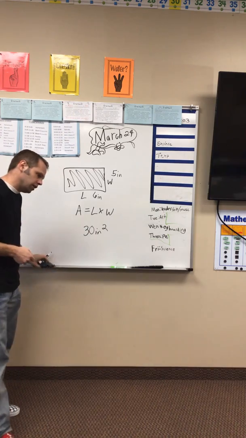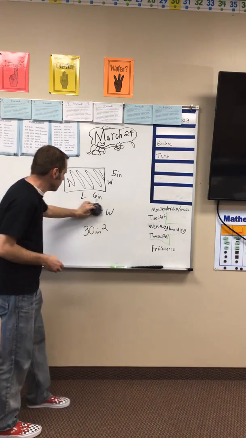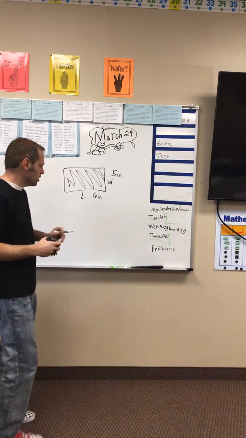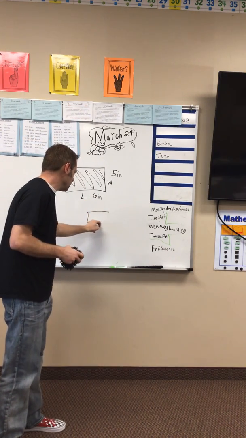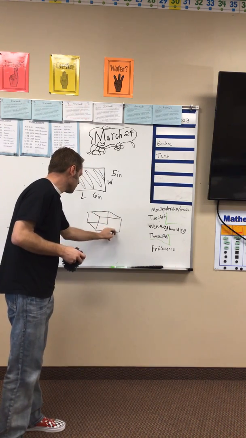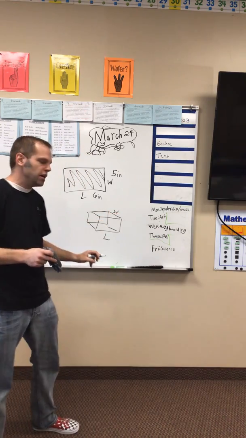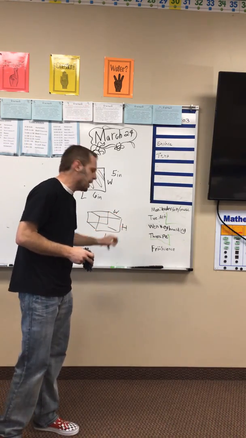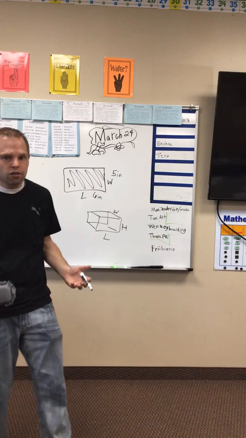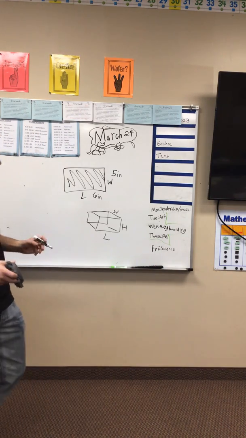Today we're not looking at area though, we're looking at volume, which is something a little bit different. Volume is the measure of a 3D shape. So instead of length and width, I'm adding one more dimension, which is now height. Because I added one more dimension, I have to do one more step.